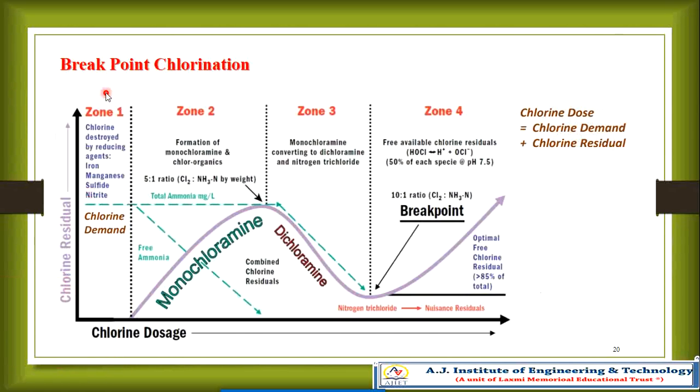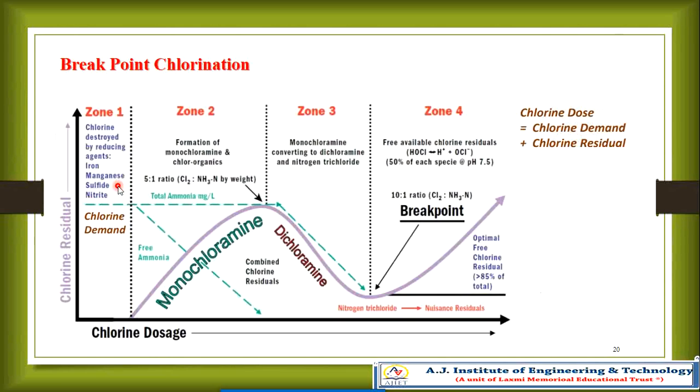Zone 1 means the chlorine demand, where the chlorine is required for other reactions. That reaction is on ions like manganese, sulfide or nitrate ions, reducing agents, and then some of the microorganisms.